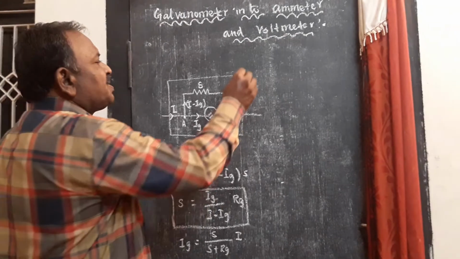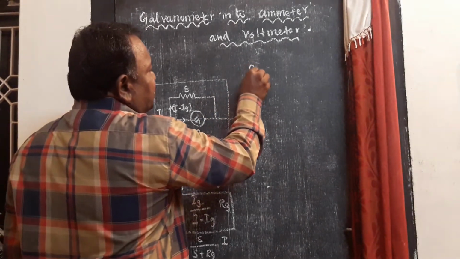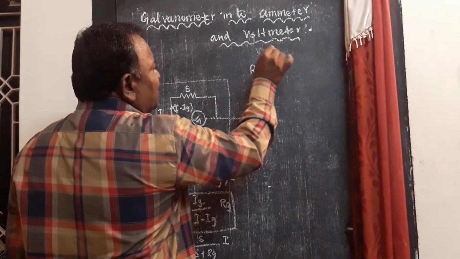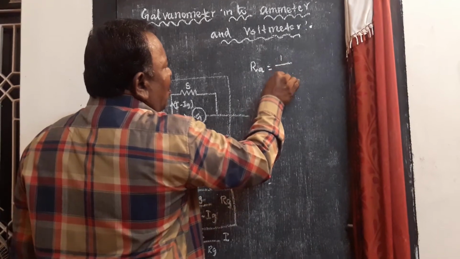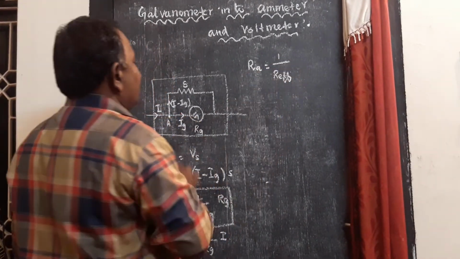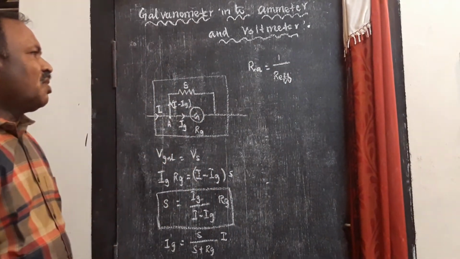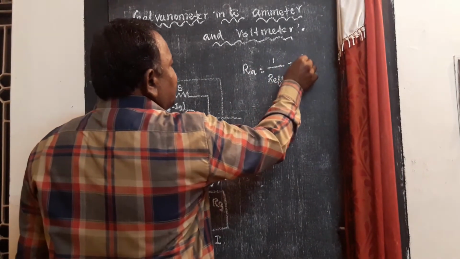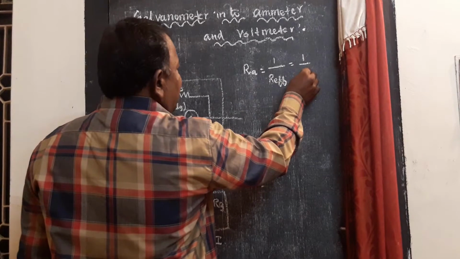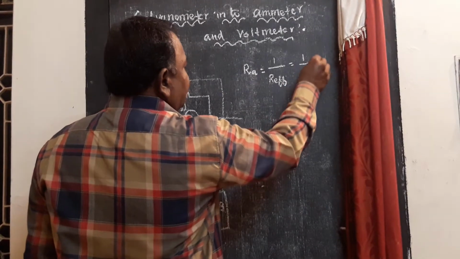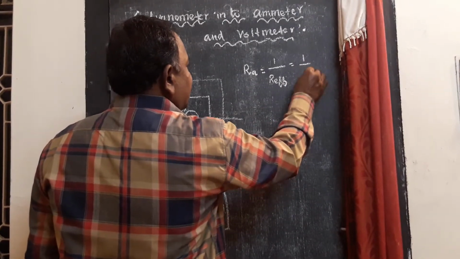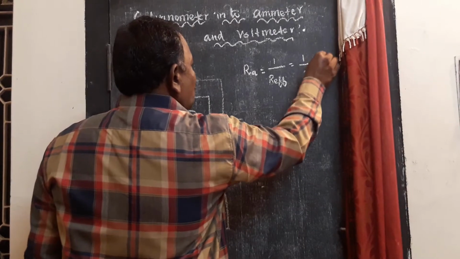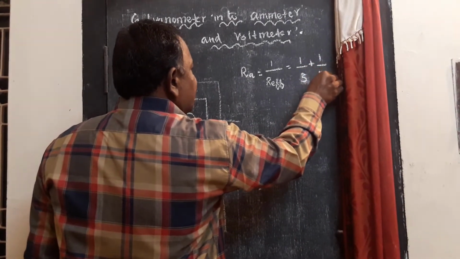So the effective resistance of the ammeter: since these two resistors are in parallel, 1 by R effective is equal to 1 by S plus 1 by Rg.